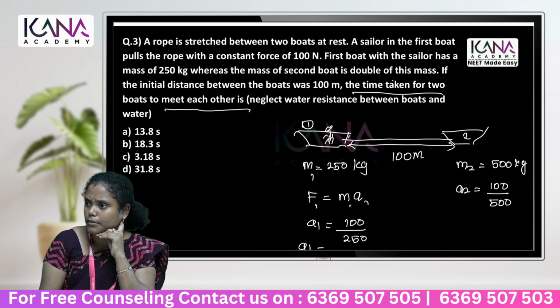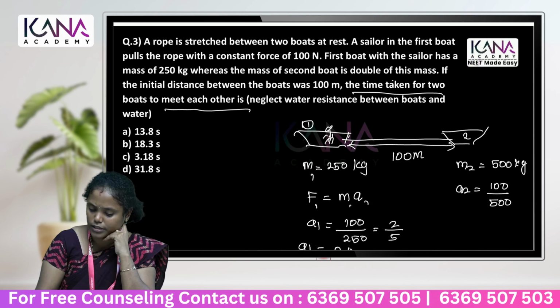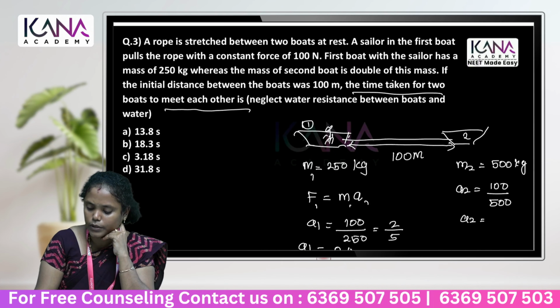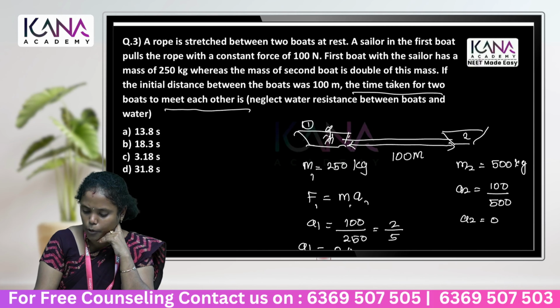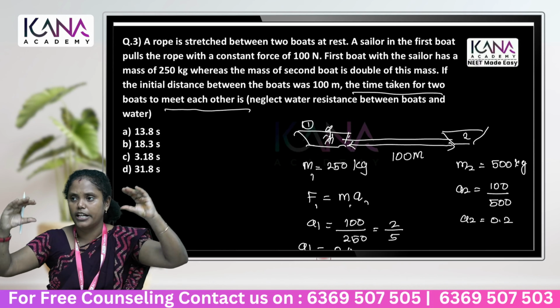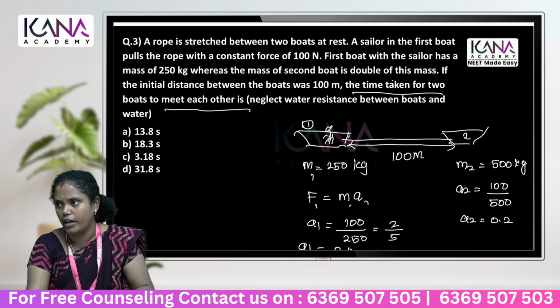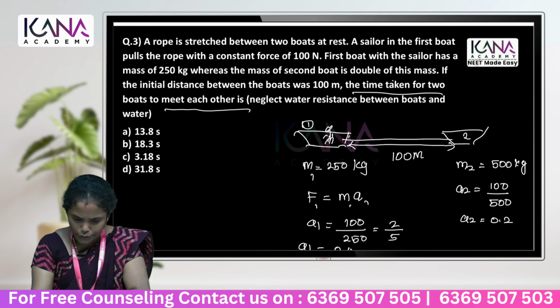A1 is 2 by 5, which is 0.4. Whereas A2 is 0.2. As the boats approach each other, in relative motion we take opposite directions, so we add: A1 minus of minus A2.